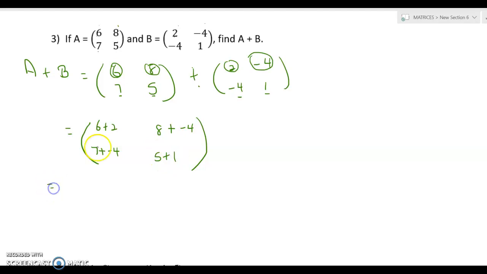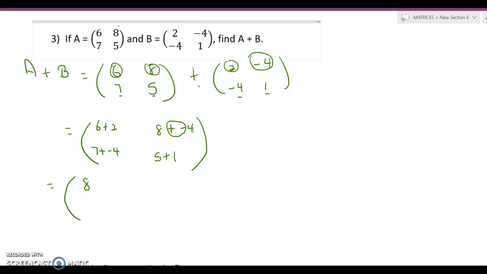So let's simplify now. 6 plus 2 is 8. But let's look at this. Remember, a plus and a negative is a negative, right? And I should change the color so you all will see it.